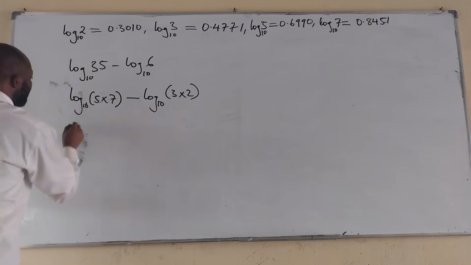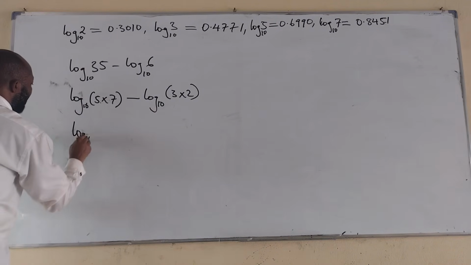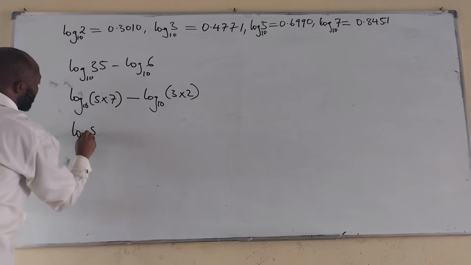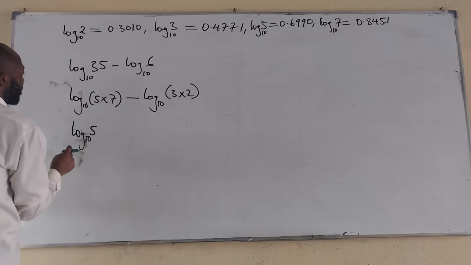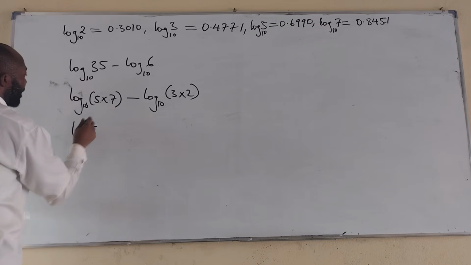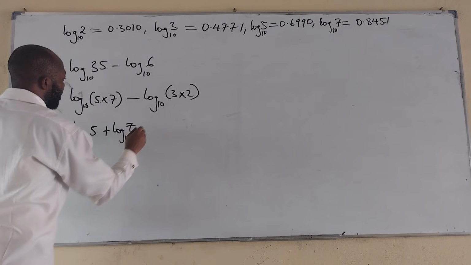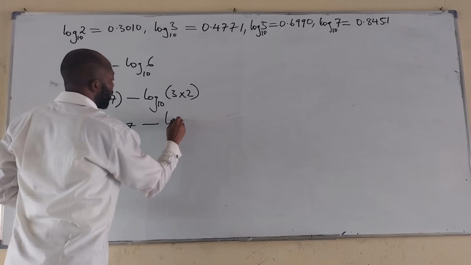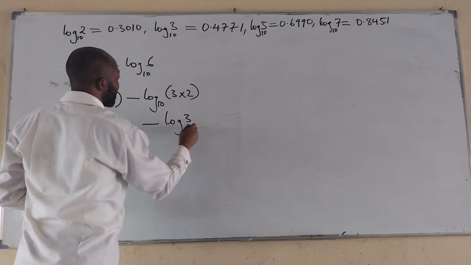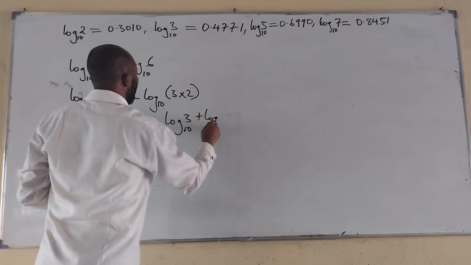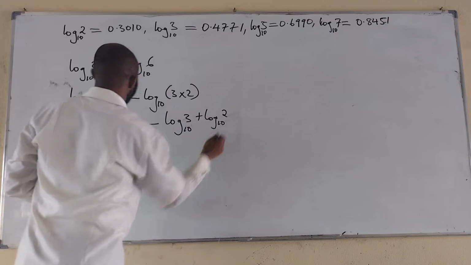So this becomes log 5 in base 10 plus log 7 in base 10 minus the quantity log 3 in base 10 plus log 2 in base 10.